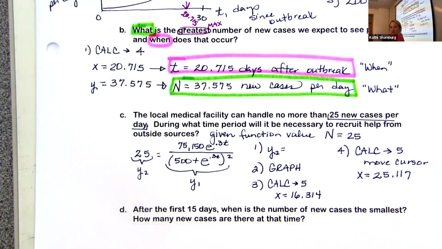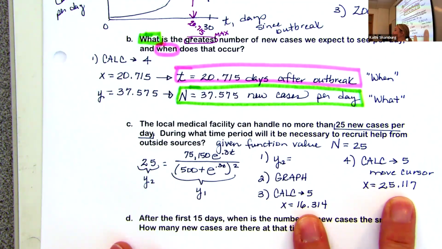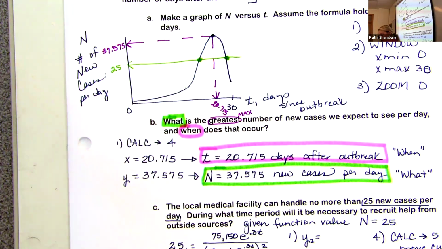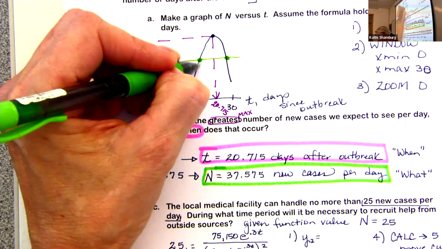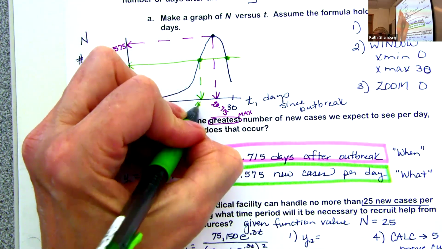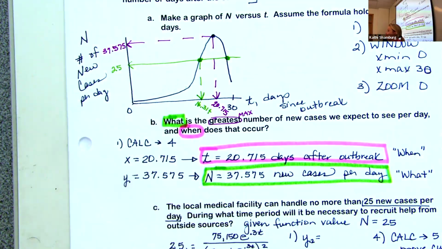Okay. All right. So what do both of these represent? Days, right? So here is your 16.314, but that's during day what? Have we gotten to day 17 yet?